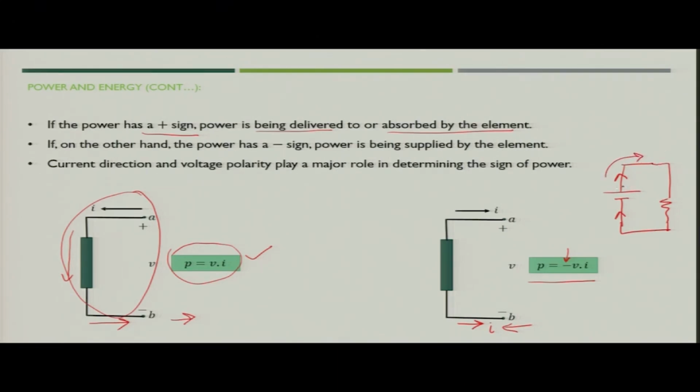It means that positive power is being supplied by the battery and positive power is being absorbed by the element. The sign convention is very important to understand, because if you make a mistake in representing the signs properly, you will make a mistake in calculating the value of power.